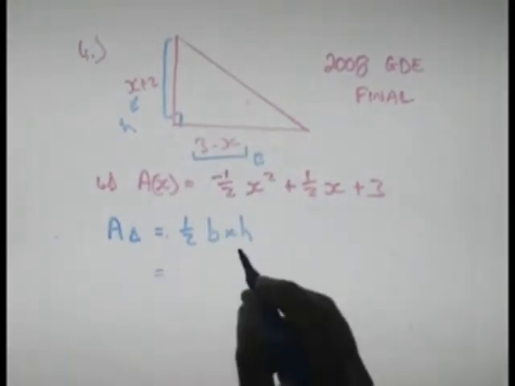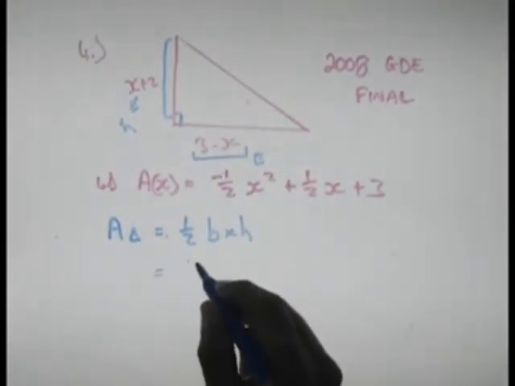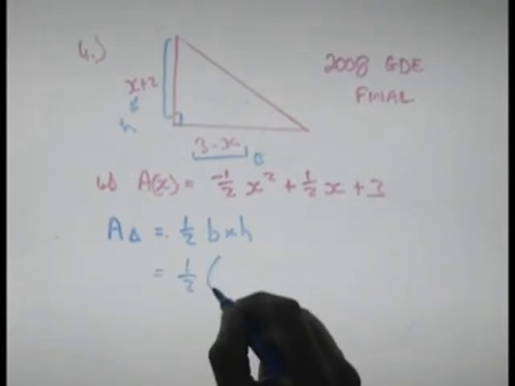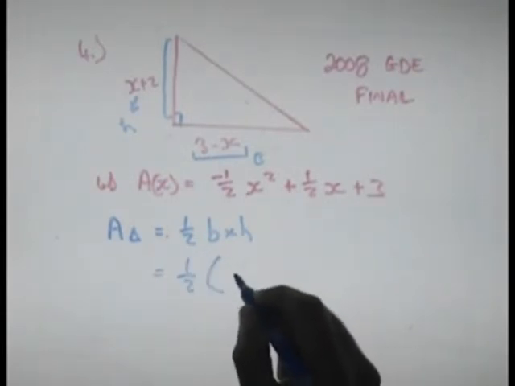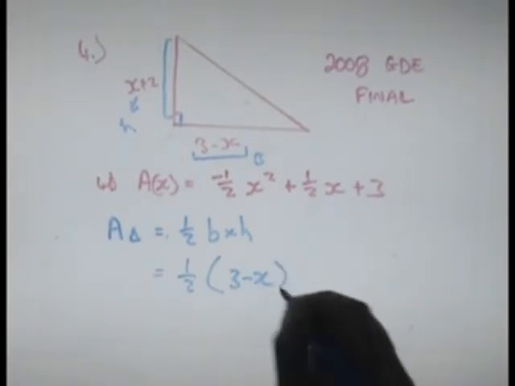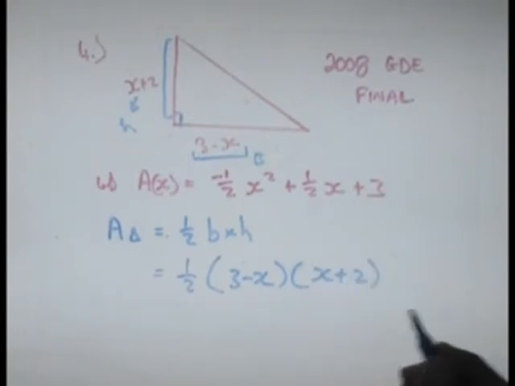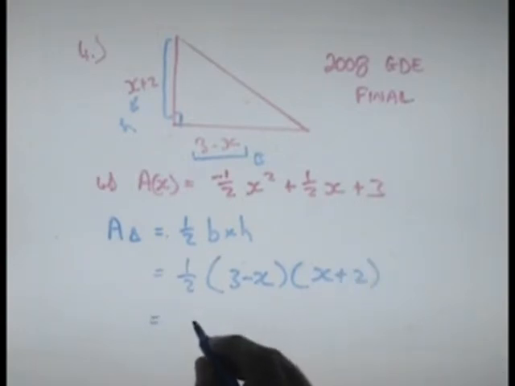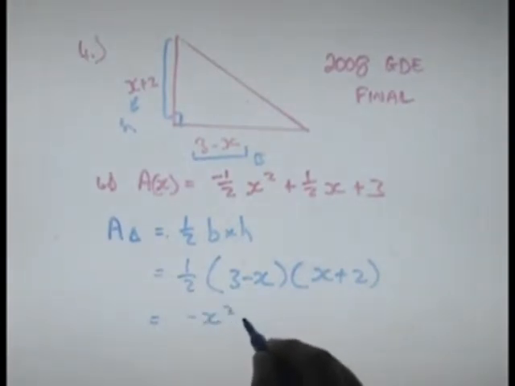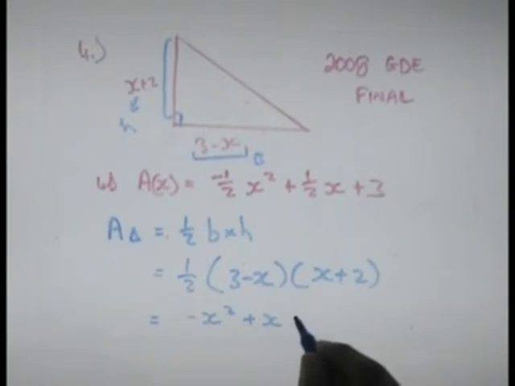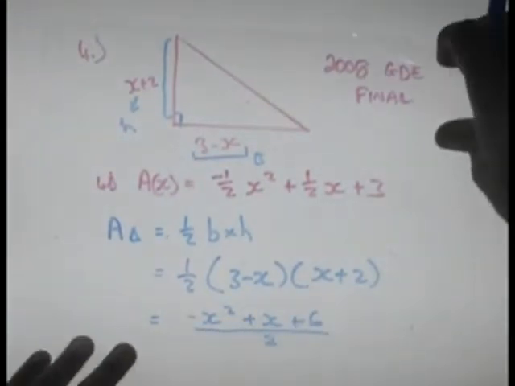That means that the area of this triangle is equal to a half times the base, which is 3 minus x, multiplied by the height, which is x plus 2. That's going to give us minus x squared plus x plus 6 all divided by 2.